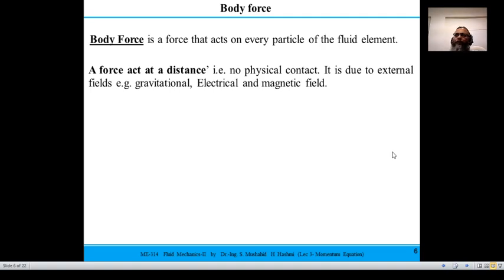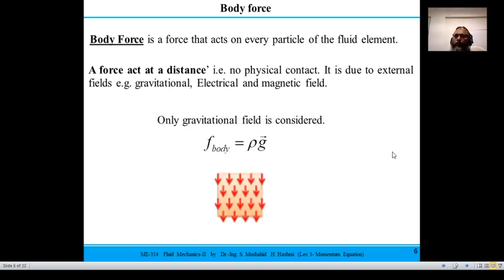If you bring some magnetic substance, maybe an iron nail, close to a magnet, it would be attracted by the magnet without any physical contact. These are examples of the body force, which is called a force acting at a distance.